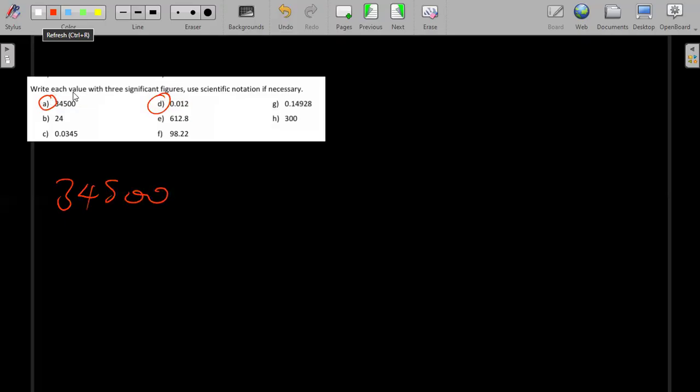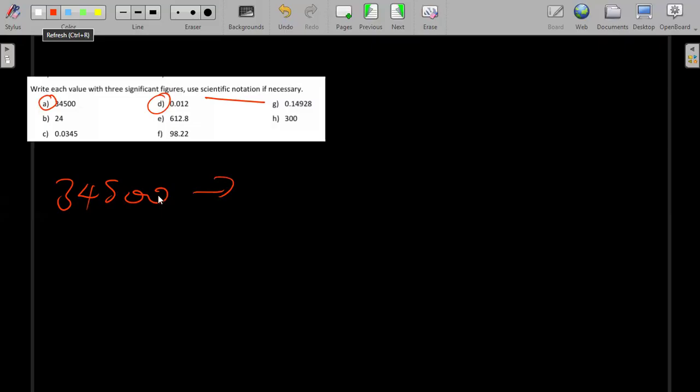Now they are saying write each value with 3 significant figures, and use scientific notation if necessary. What you need to know is that scientific notation does not affect your significant figures. So let's try this one.